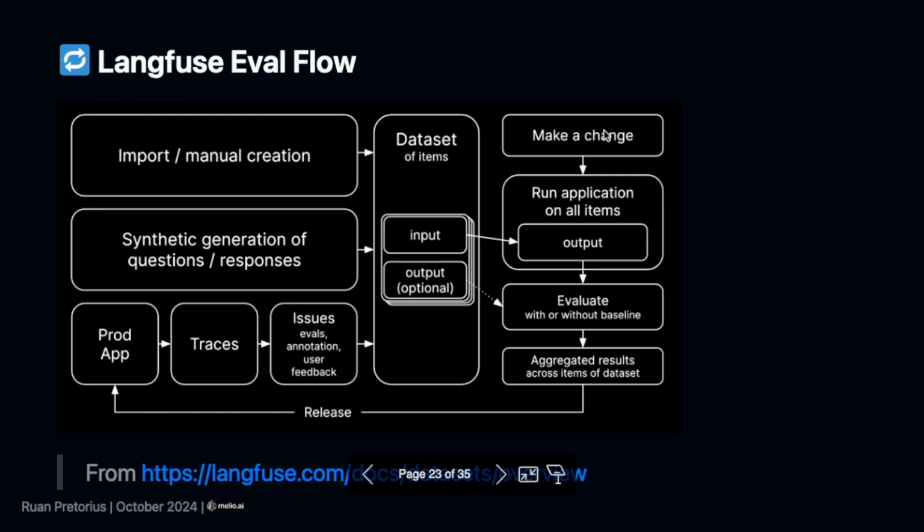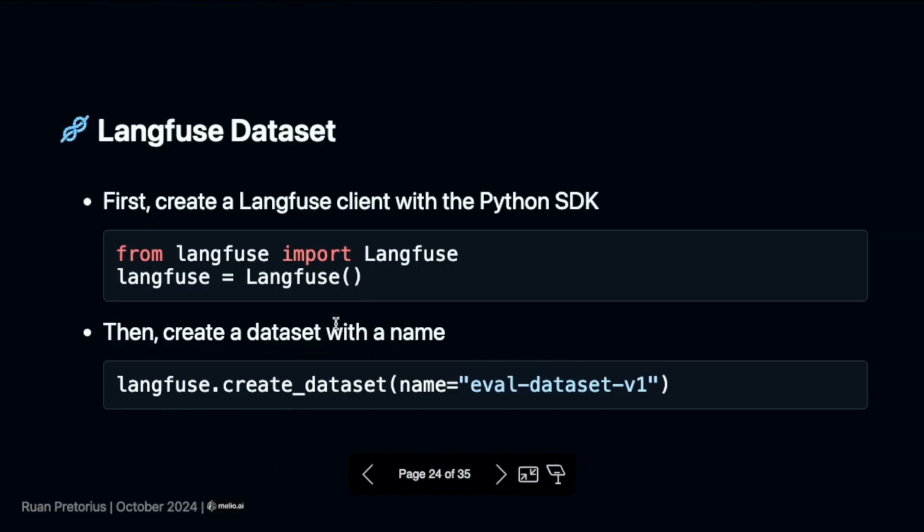Once you make a change to your app, you can pull in one of the inputs from an item of your dataset, have your app generate some output, and then compare that to the expected output and do some evaluation. I'll also show you where you can see an aggregated result of your app version, so you can quickly make decisions on which version you prefer, or as a test step before pushing to production.